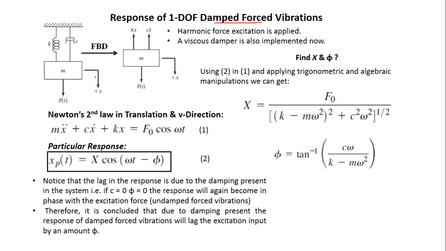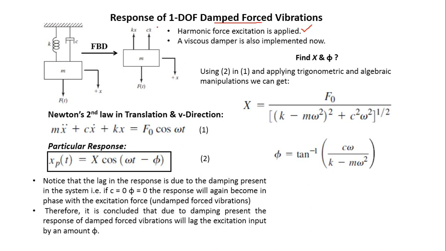The positive direction of the displacement is downward, so the recovering forces of the spring and damper will act in the upward direction. We have applied a harmonic force excitation, because we have already claimed that the excitation function F(t) will always be harmonic. A viscous damper is also implemented now.